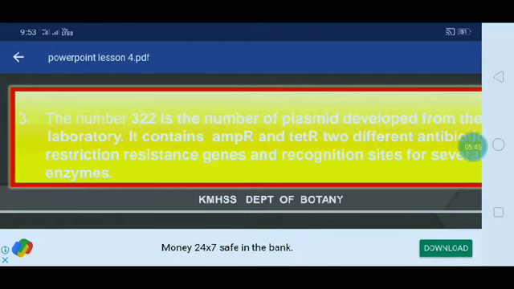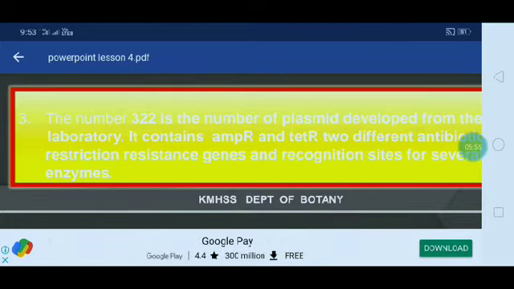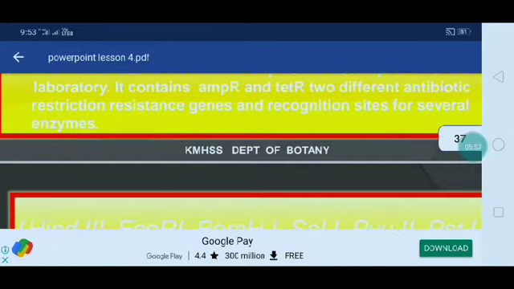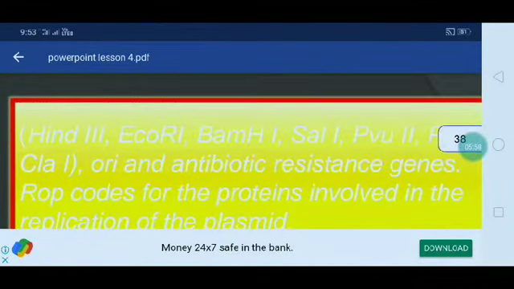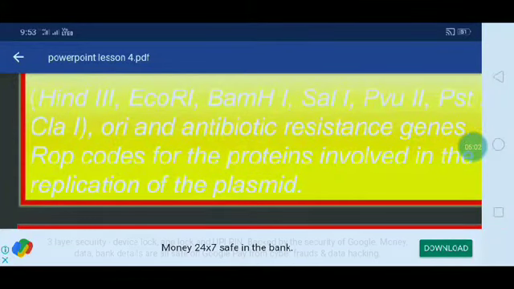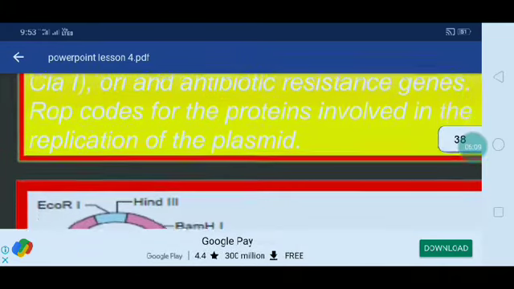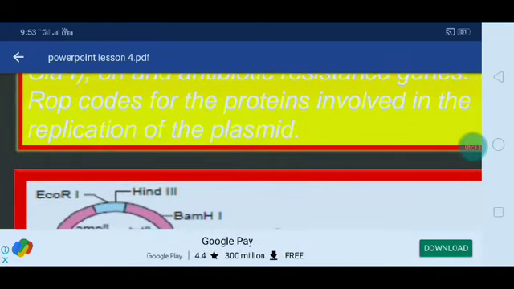It contains ampicillin resistance and tetracycline resistance, two different antibiotic resistance genes, and recognition sites for several enzymes: HindIII, EcoRI, BamHI, SalI, PvuII, PstI, ClaI. The origin and the antibiotic resistance genes, and the ROP gene, code for the proteins involved in the replication of the plasmid.